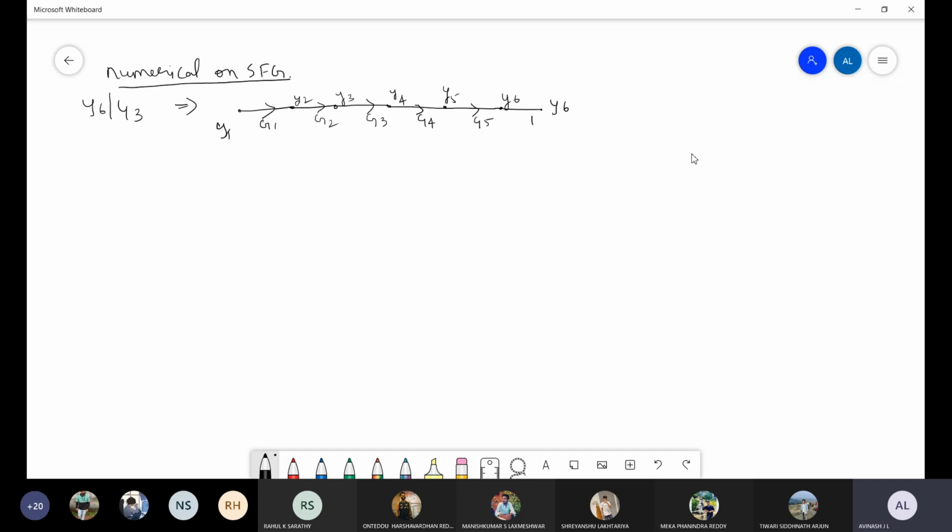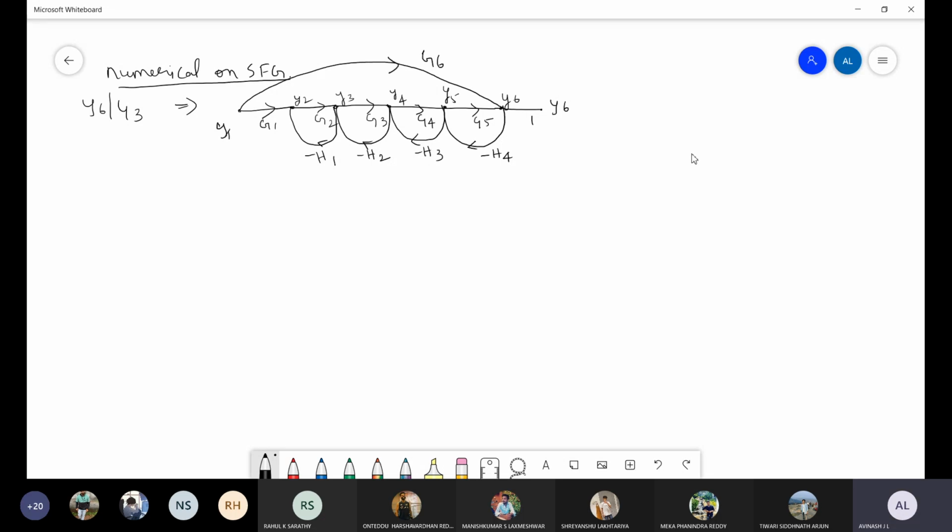So here what exactly happens is this one, 1, 2, 3, 4. These 4 loops are there. In the 4 loops there are negative feedbacks, that is minus H4, minus H3, minus H2, minus H1, and on the top it is G6.